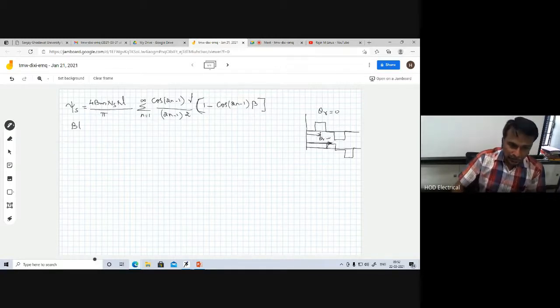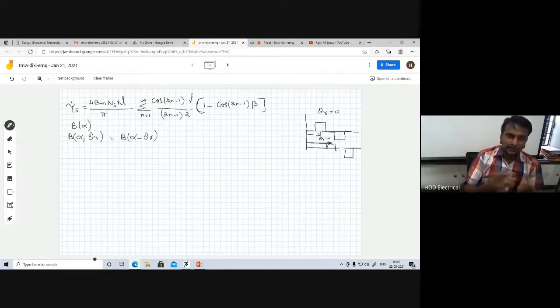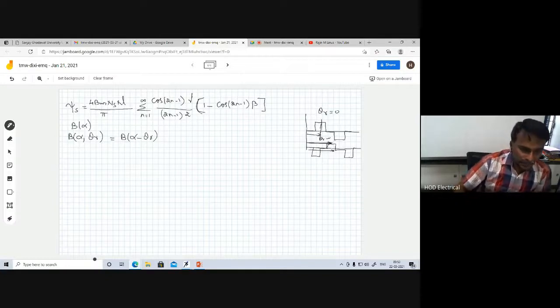Previously we derived only B of alpha. For B of alpha and theta, the equation will be B of alpha minus theta. That means it varies with respect to rotor angle. That is why B of alpha comma theta is equal to B of alpha minus theta.